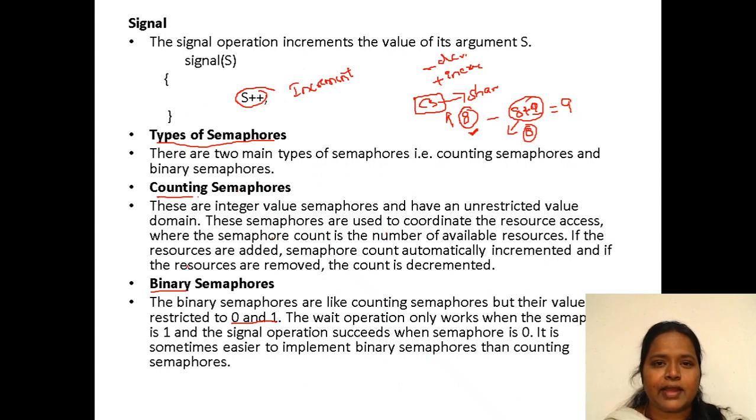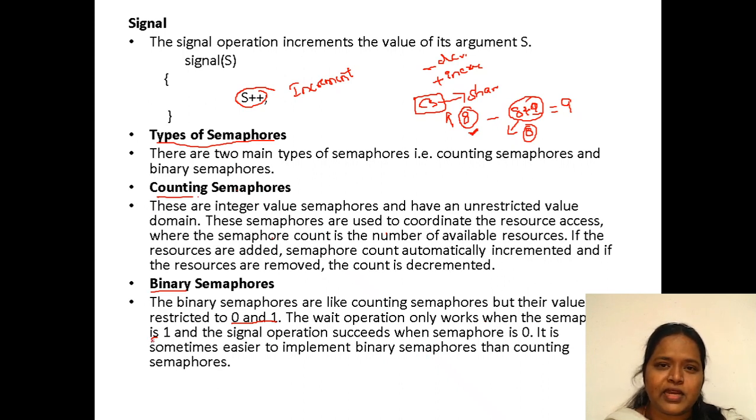When it comes to the binary semaphore, binary, as the name itself indicates, means 2, and it is going to hold only two values, that is 0 and 1. The wait operation works only when the semaphore is 1. Wait in the sense, we have to decrement. So the wait operation only works when the semaphore is 1.